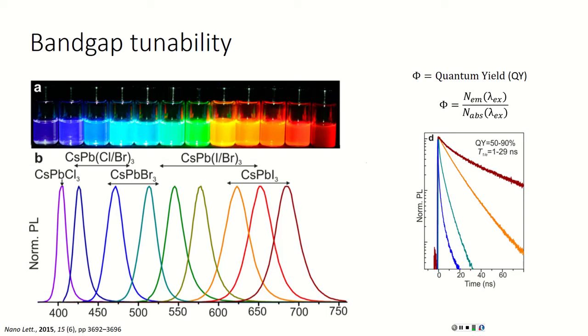Do you have to change your material to go from 450 to 500? Oh yeah, it has to be a different composition. No, it's the same. Cesium lead bromide 3, you have the peak at 475 and 525 about, right? For perovskites, you can have the same material and have different emitting lights.